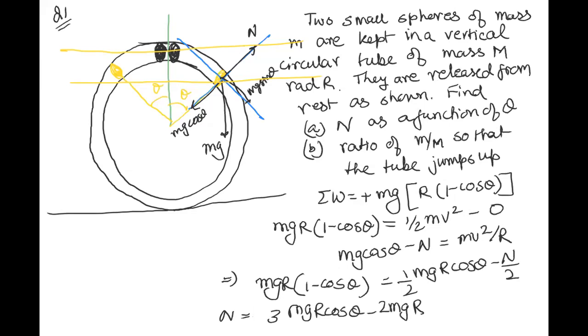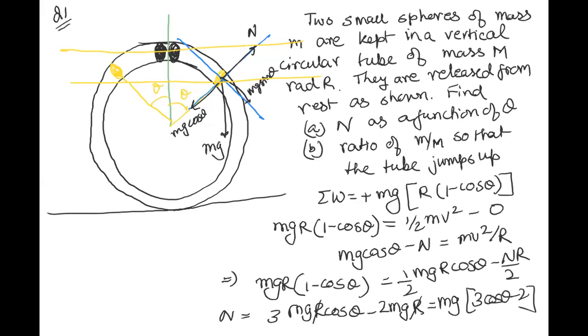Now you may say नहीं नहीं मेरा तो साइन उल्टा आ गया, आंसर मेरा 2 mgr minus 3 mgr cos theta.